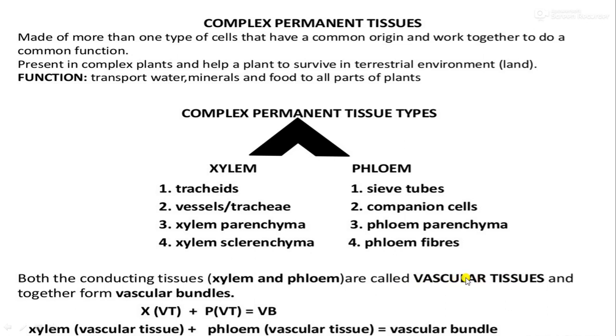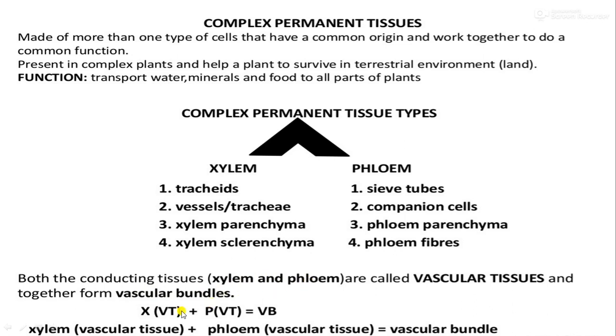Okay, so vascular tissues, which means transporting materials, these vascular tissues together, or xylem and phloem together, form the vascular bundles. They are called vascular bundles. So vascular bundle consists of xylem and phloem.